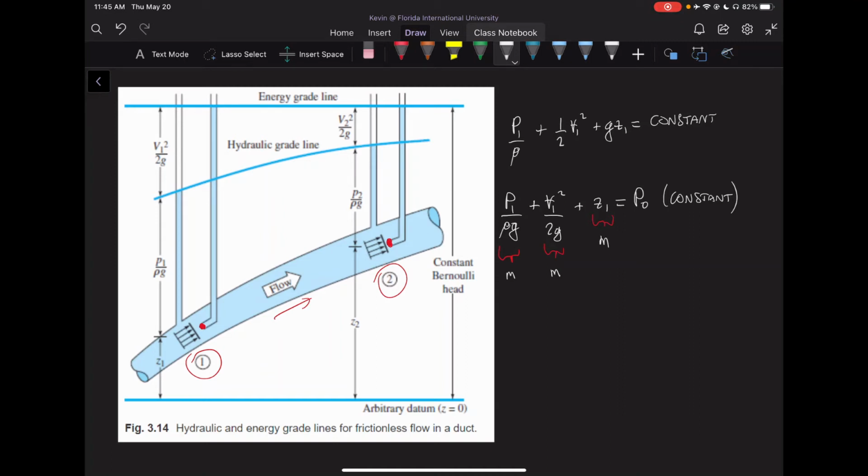And so what we can do is we can use this diagram and say the pressure in our system is related to the following lines. The pressure in our system is related to the height, so this would be Z2. And at point 1, this would be Z1. So you can see that the height is different.